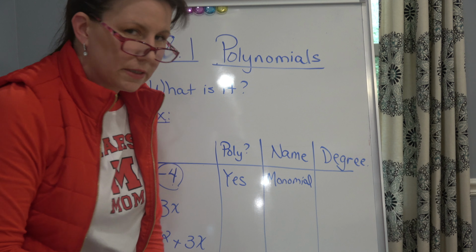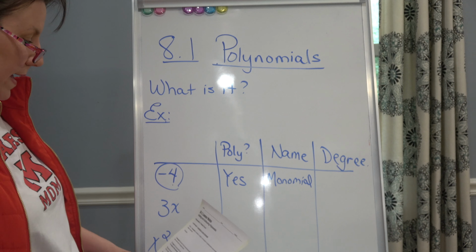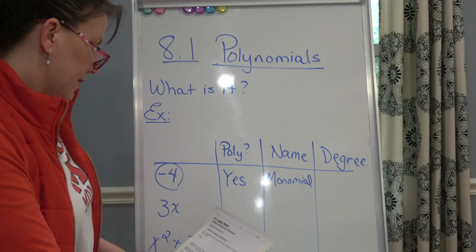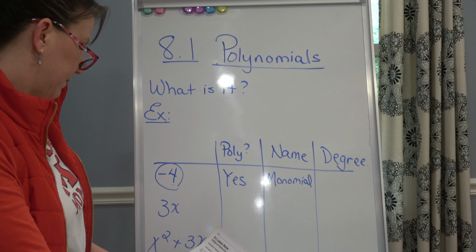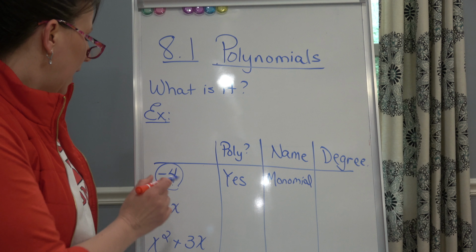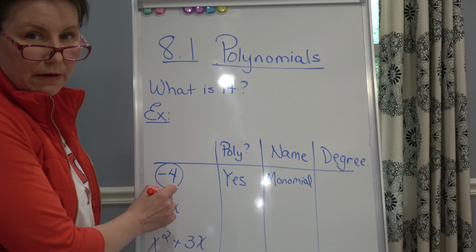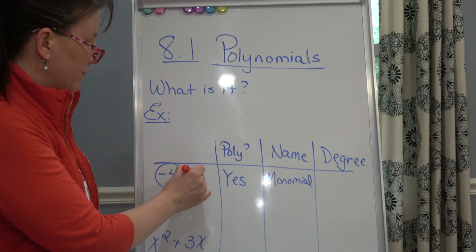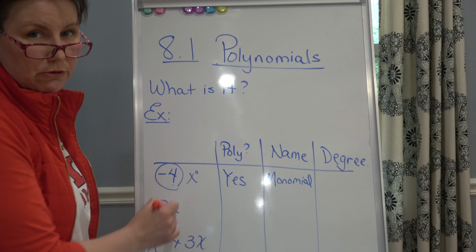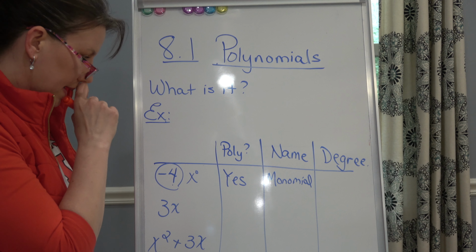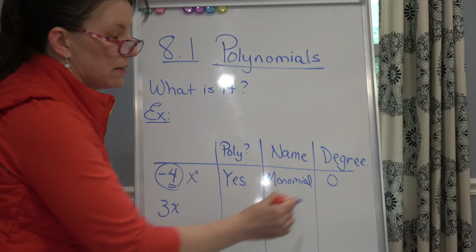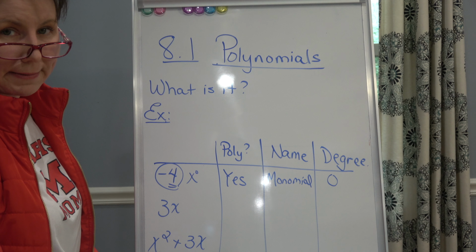And this is kind of weird, a degree of a polynomial. First, you're going to have to look at the highest degree. So a constant doesn't have a variable in it. Technically, if you wanted to put a variable, you'd have to put x to the 0 power, because that equals 1. So any constant like this is going to have a degree of 0.